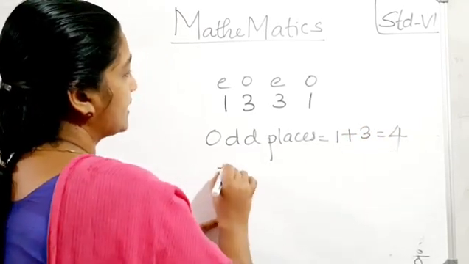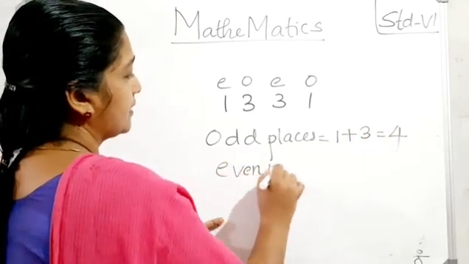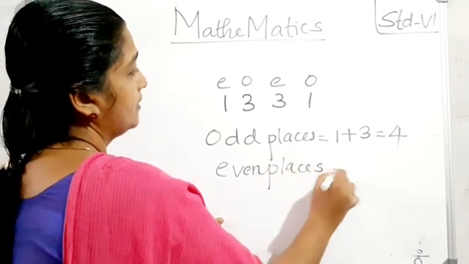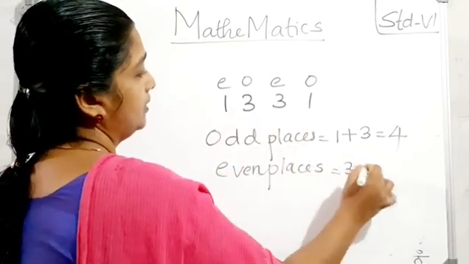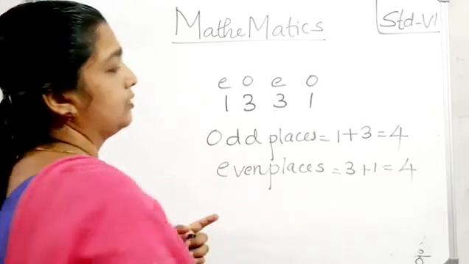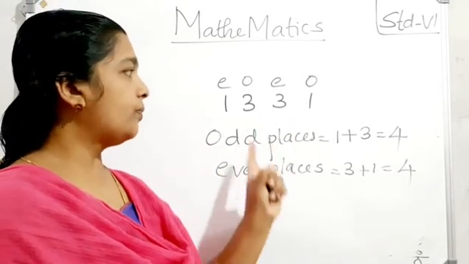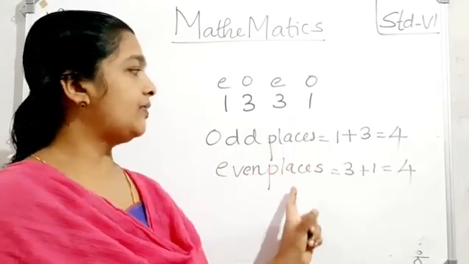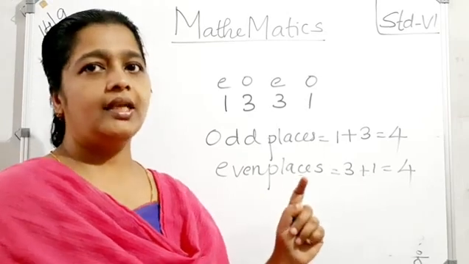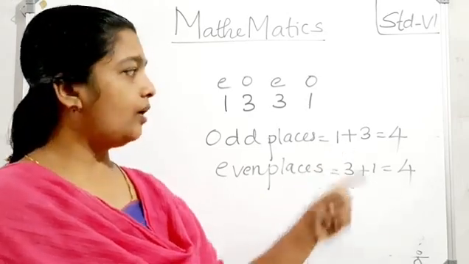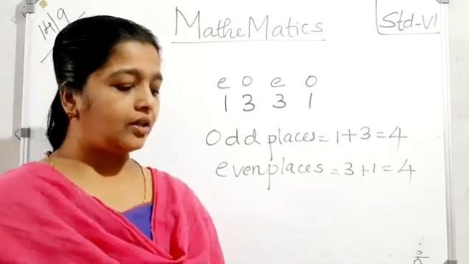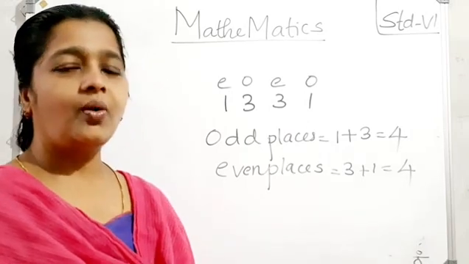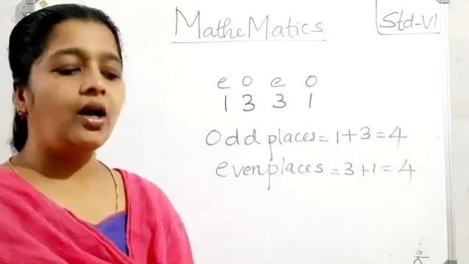Then the sum of the digits at even places: 3 plus 1, that also is 4. So the sum at odd places and the sum at even places are both 4. Then the difference equals 4 minus 4, that equals 0.